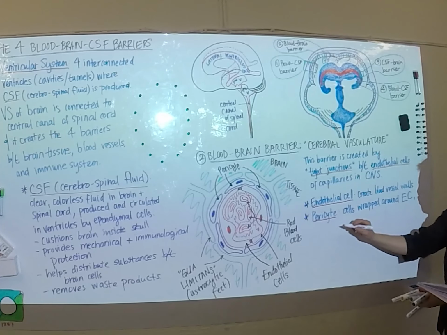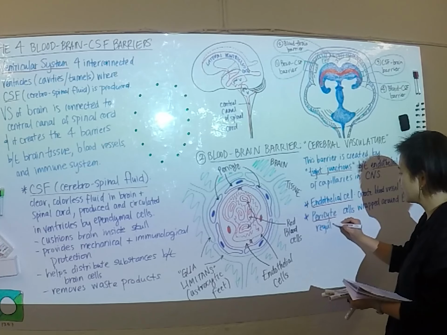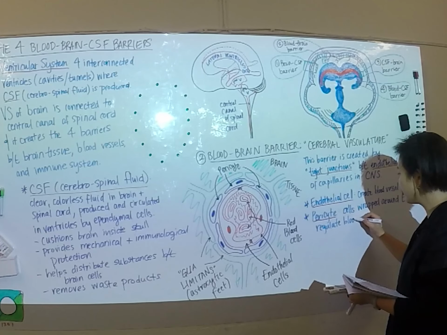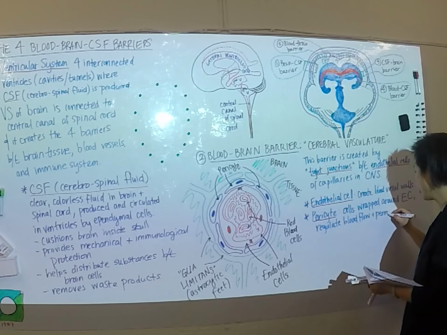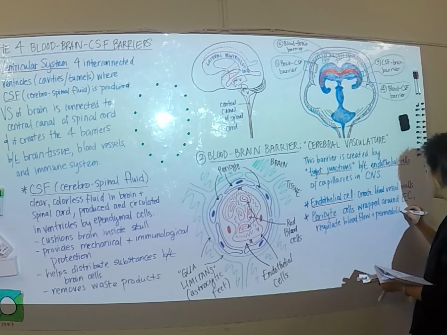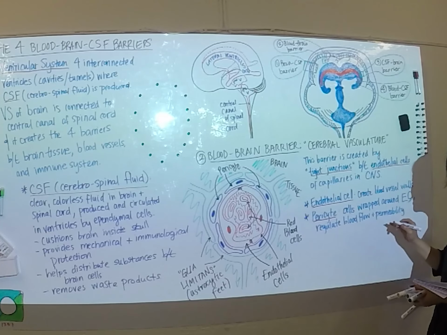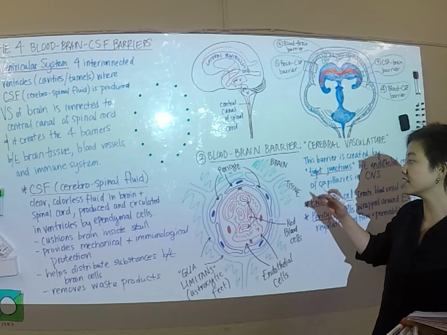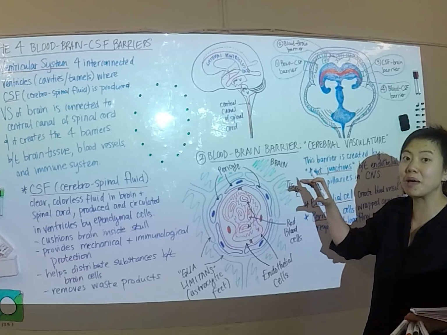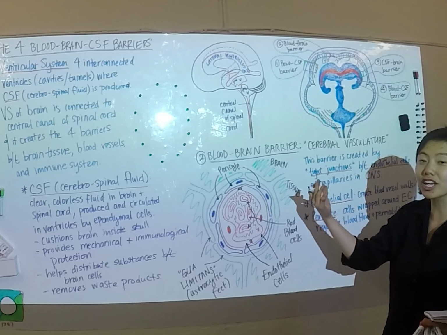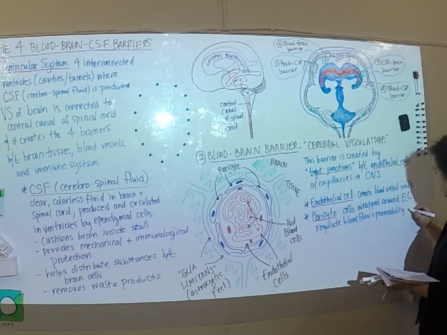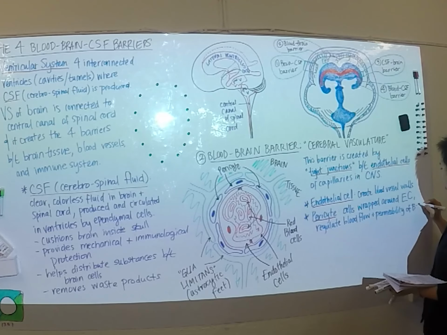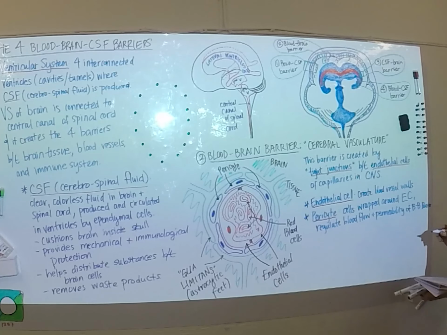And they regulate blood flow and the permeability. So this is permeability. That's just a fancy word that means how easy is it for things to pass through, what can or cannot pass through, okay? So the permeability of the blood-brain barrier, okay?